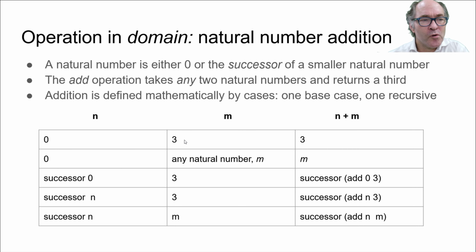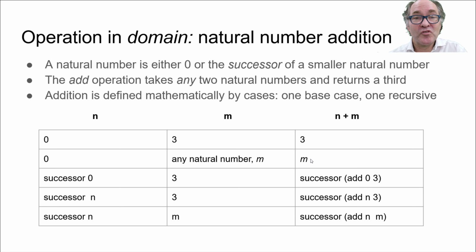Now, what if that 3 were replaced by a 7? Well, 0 plus 7 is 7. Now let's generalize. Let's leave n to be 0, but instead of 3 or 7 or 59 or 1,000,006,000,006, let's just use a symbol here that stands for any natural number, m. Little italic m here. What's 0 plus m? It's just m. So there's rule number 1.